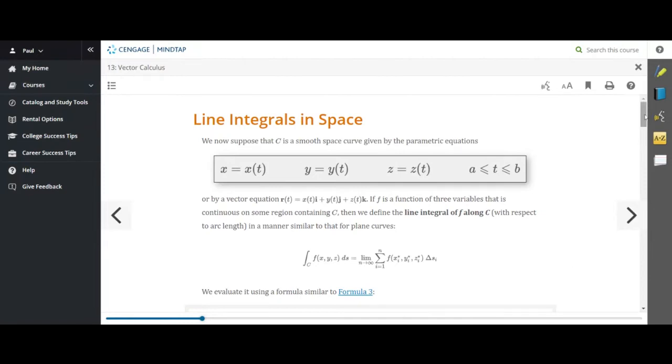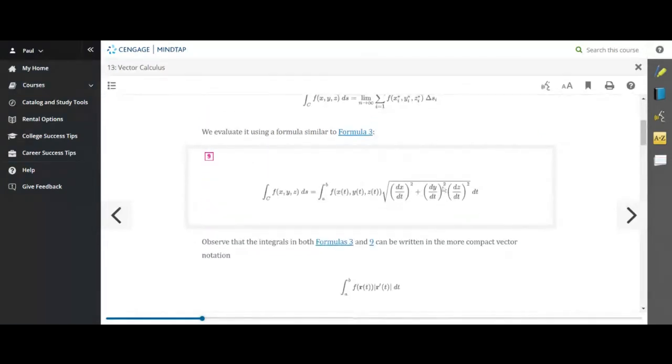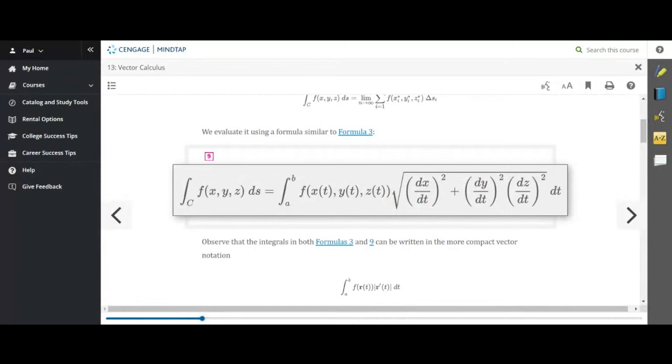It's just that you have a third variable. If your particle is moving along some curve in three-dimensional space, then the line integral with respect to arc length over that curve would be given by this formula. It's a natural extension.